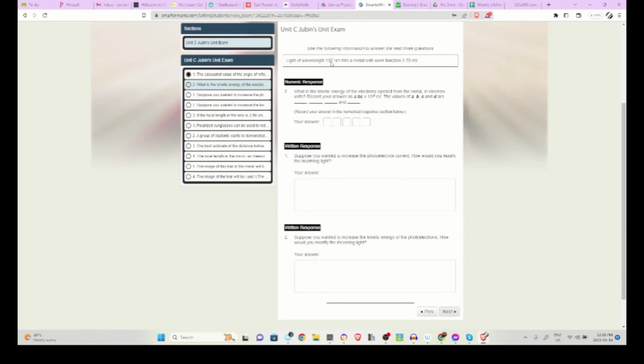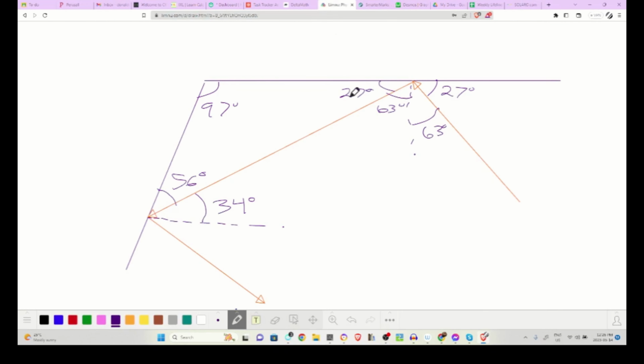Light of wavelength 197 nanometers hits a metal with a work function of 2.70 electron volts. So what's the kinetic energy of the electrons ejected from the metal in electron volts?